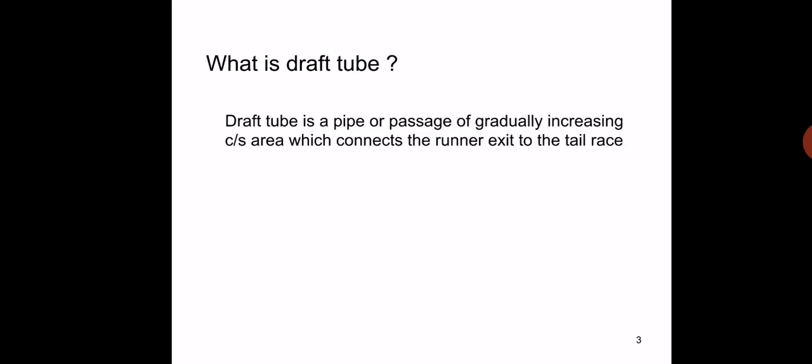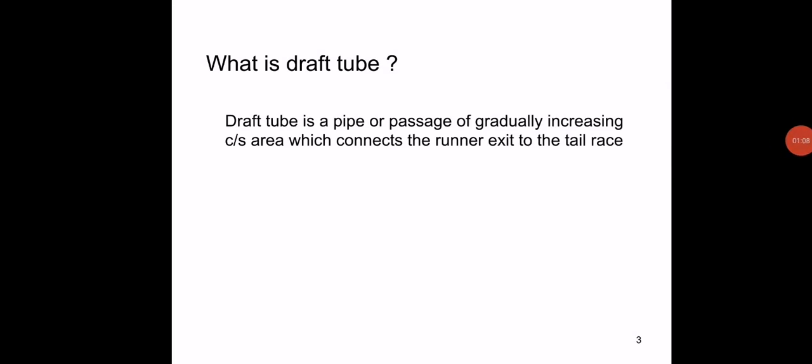What do you mean by a draft tube? It is a pipe which connects the exit of a runner to the tail race. By using this, we discharge the water from the exit of the runner to the tail race. It has an area increasing from the exit of the runner to the tail race.